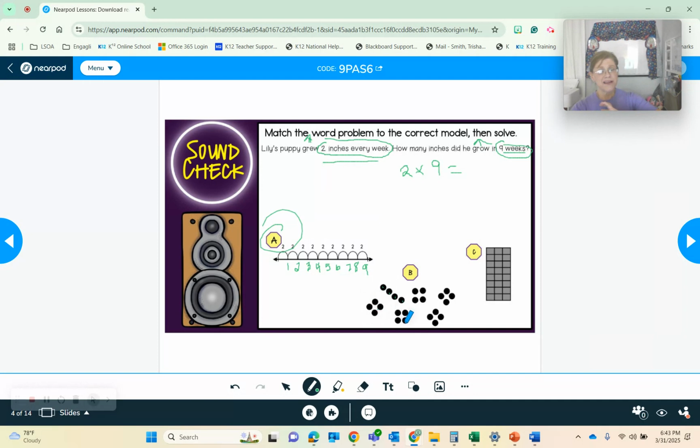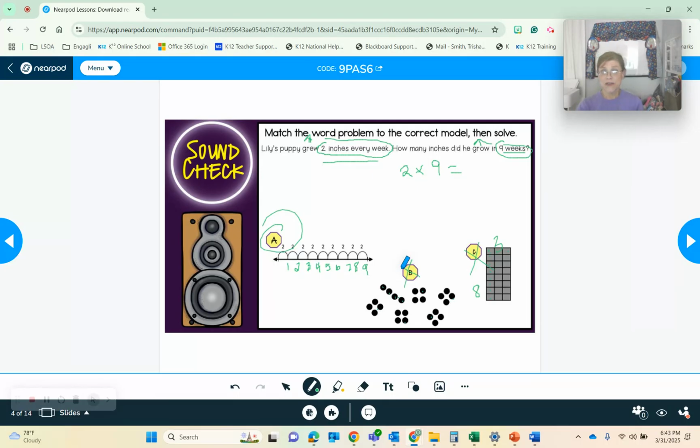And then there's 1, 2, 3, 4, 5, 6. 6 groups of 4. Definitely doesn't work. And then here we have 1, 2, 3, 4, 5, 6, 7, 8. We have 8 and 1, 2, 3. 8 and 3, definitely not. So no and no. So A is our model.